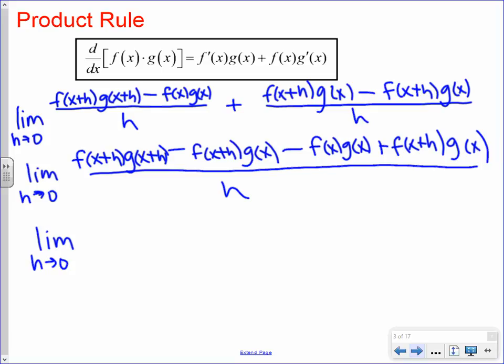So now I'm going to split this fraction in half, which means I'm going to have two fractions over h. Is there anything in common with these two? F of x plus h.